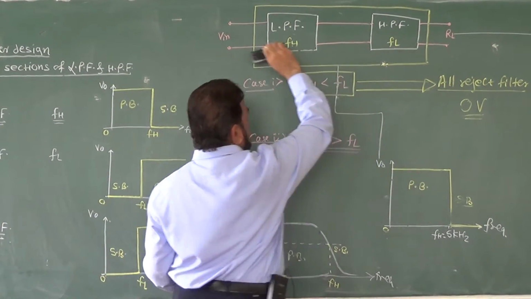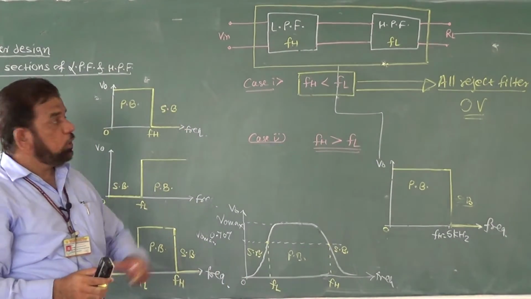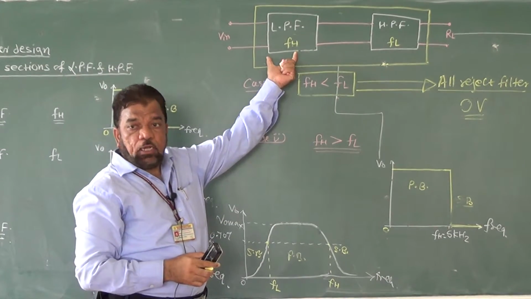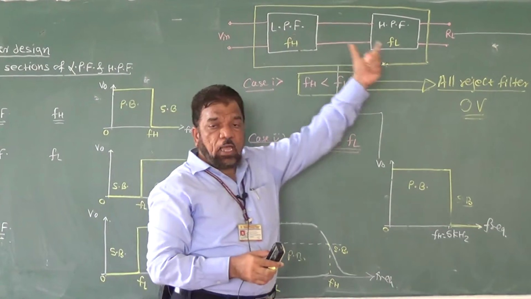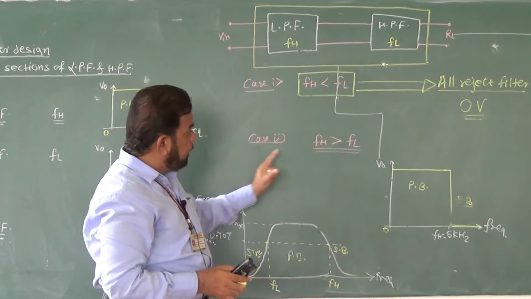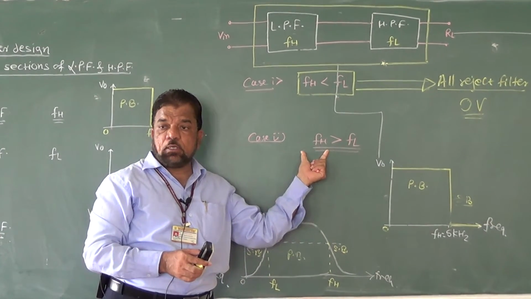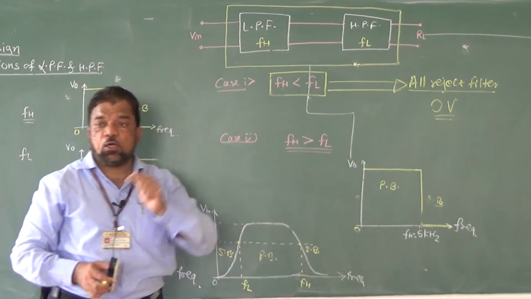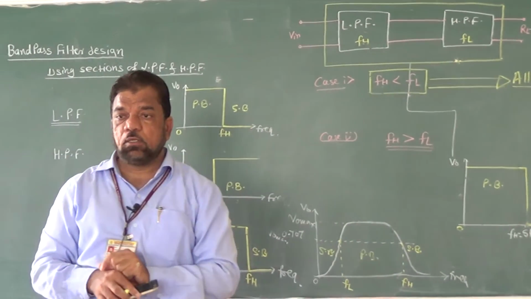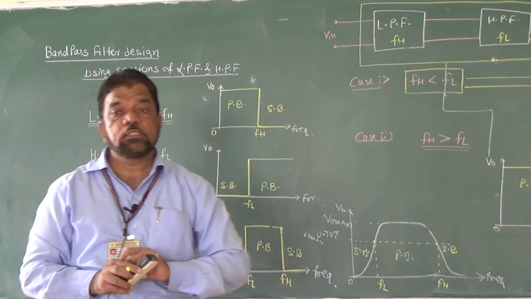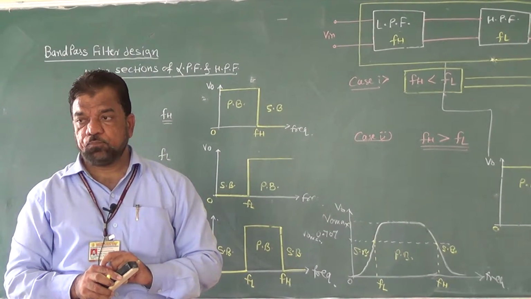You can adjust any frequency. So if I design a low pass filter and high pass filter with appropriate cutoff frequencies, that means the cutoff frequency of a low pass filter, if it is greater than cutoff frequency of a high pass filter, very surely you can construct a band pass filter.